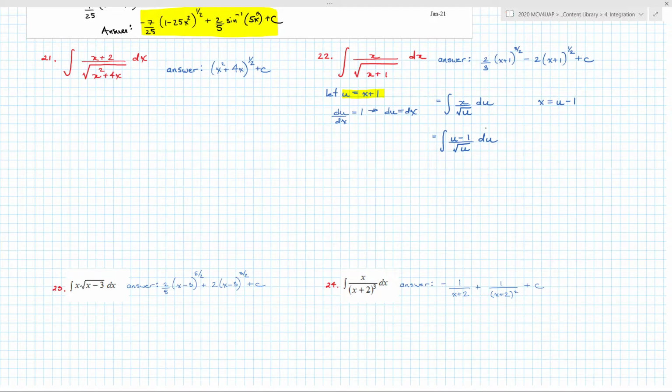So how do I evaluate that? I'm just going to move over here, over to the left. You can break that up and write it as 2 integrals. It's the integral of u over the square root of u du minus the integral of 1 over the square root of u du.